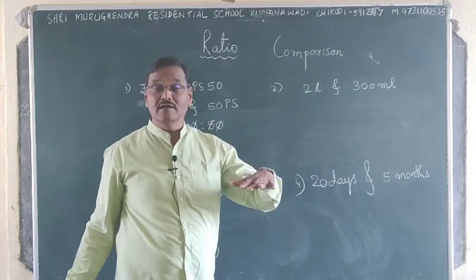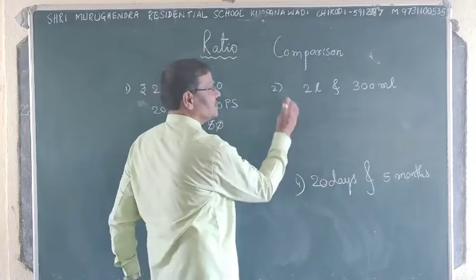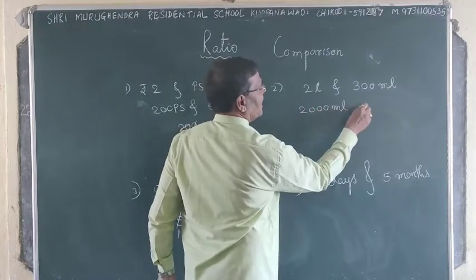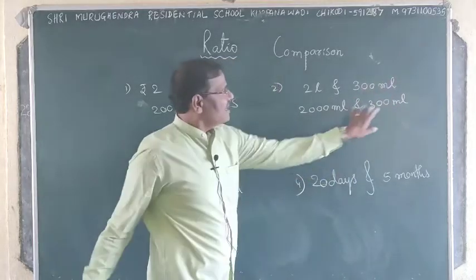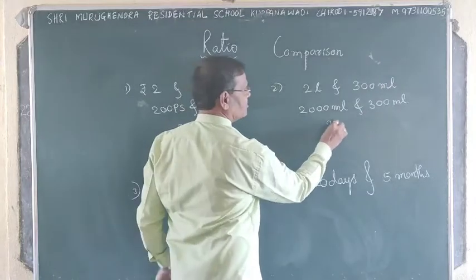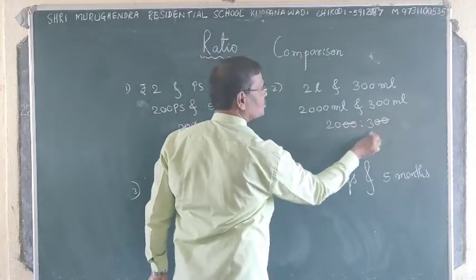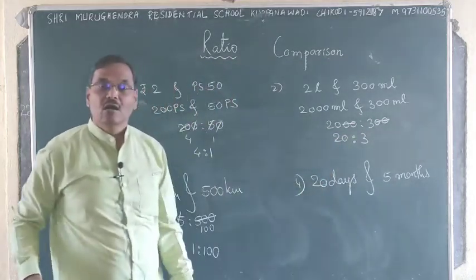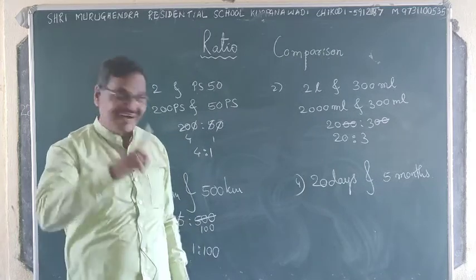Here it is liter and 300 milliliter. We have to know that 1000 milliliter makes 1 liter. So 2 liter is nothing but 2000 milliliter, and 300 milliliter. Units are same now. We can calculate 2000 is to 300, 2 zeros cancelled. 20 is to 3, because they are co-prime numbers whose HCF is 1.